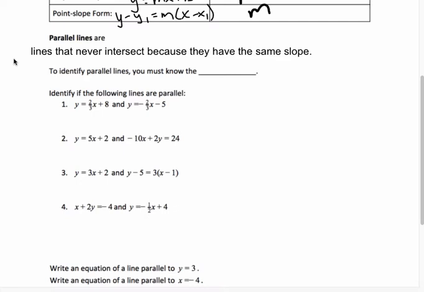So in order to identify parallel lines, we must know the slope. That's why the section above this was so important, so we know how to identify slope.